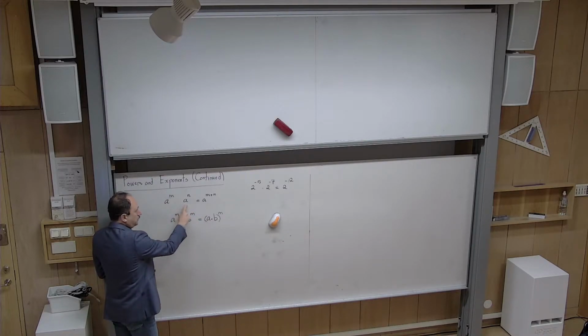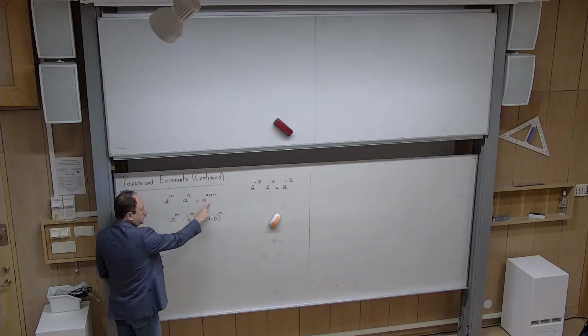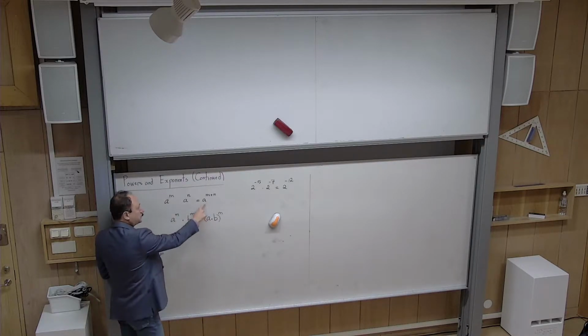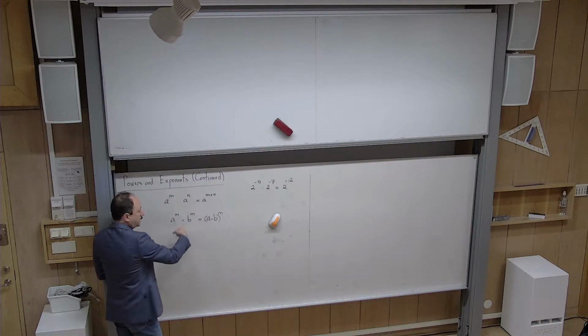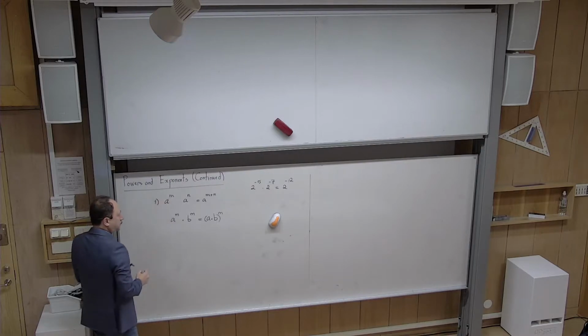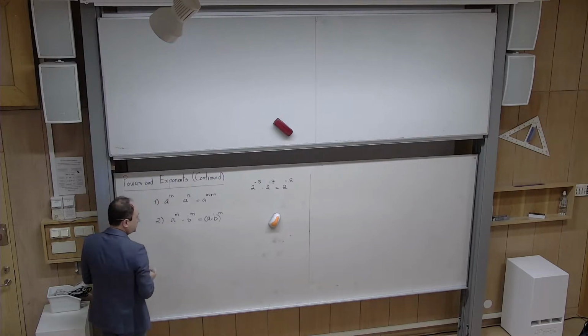Sometimes this is given and you're supposed to answer this. Sometimes, if you have this, you can decompose it as a product like this. Exactly the same scenario here. Let me call this one the first rule that we learned, and this one rule number 2.